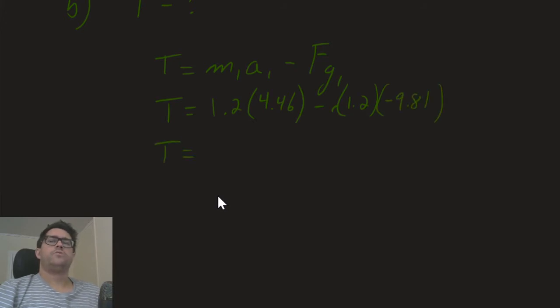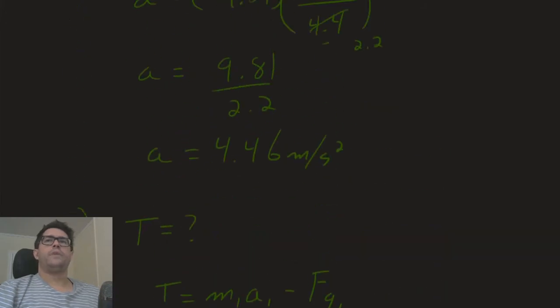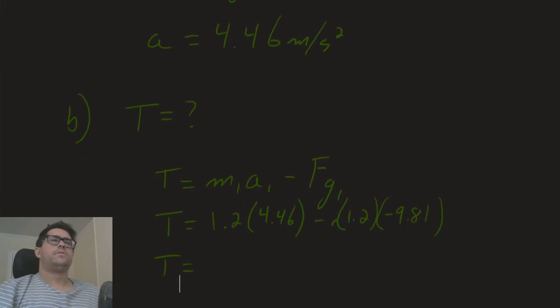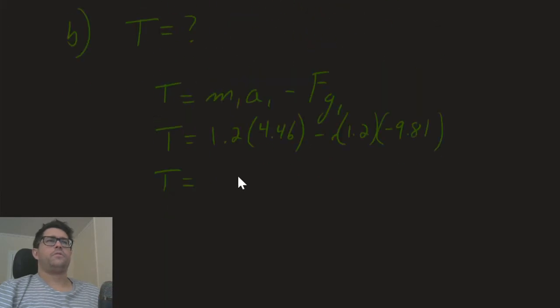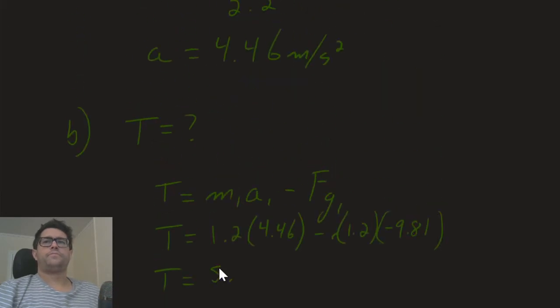And the tension, so this 1.2 mass, so this times 1.2, 5.351 plus, because minus minus, 1.2 times 9.81, 11.772.